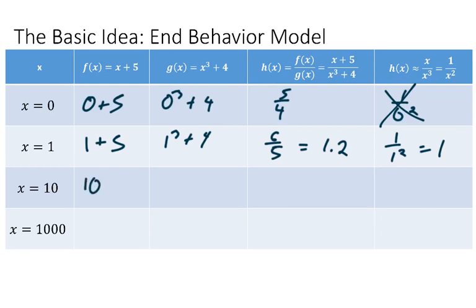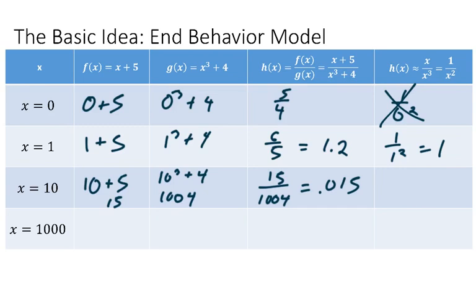Now if we do 10 plus 5, that's just going to be 15. And then 10 cubed plus 4, hey, 10 cubed is 1,000, so that's going to be 1,004. Putting these together, that's 15 over 1,004, which is 0.015.